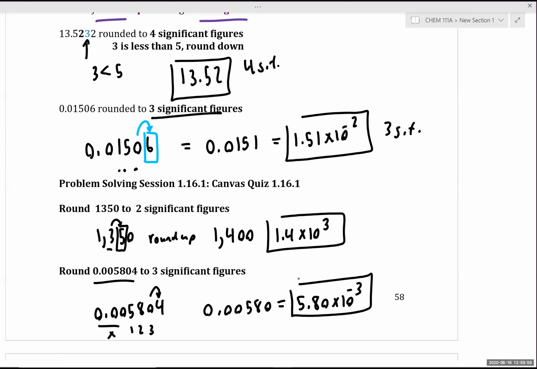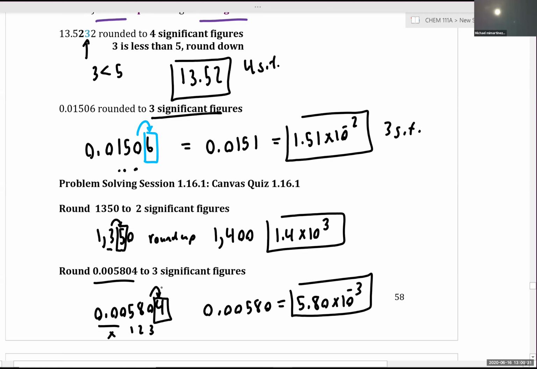Can you explain the second one again? Yeah. So these leading zeros are not significant. So they aren't counted for a cap of 3 sig figs. So 5, 8, and 0, since this 0 is after a decimal point and after a non-zero number, it's significant. We look one space to the right and we see a 4. Since 4 is less than 5, we round down. So we skip the 0 then? No. So the 0 is our third significant figure.